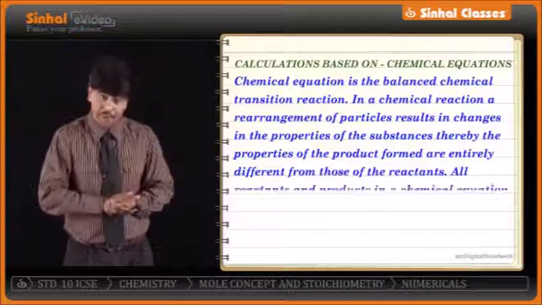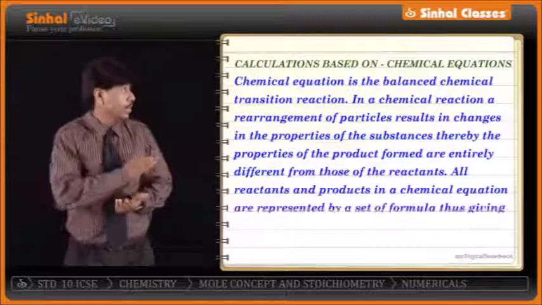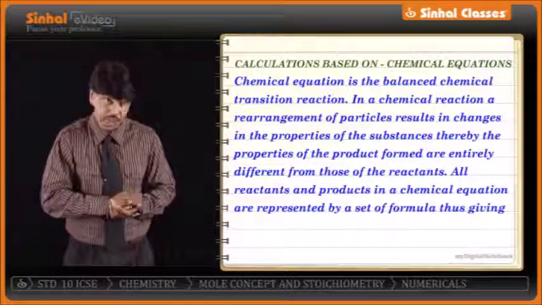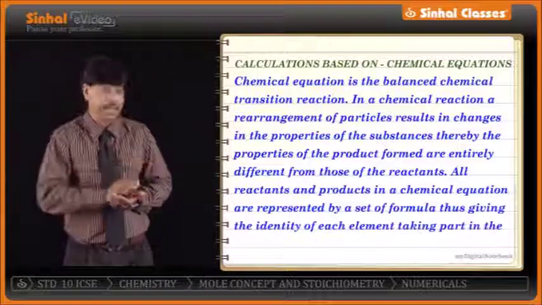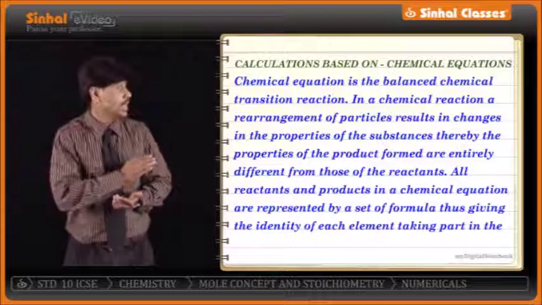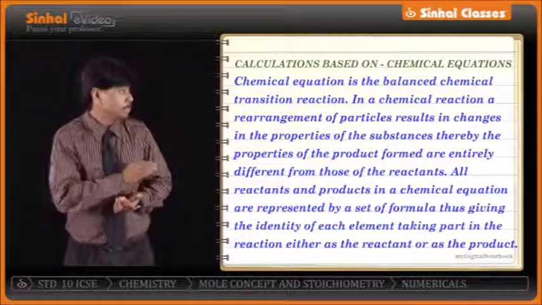All reactants or products in a chemical reaction are represented by a set of formulas, thus giving the identity of each element taking part in the reaction either as a reactant or the product.